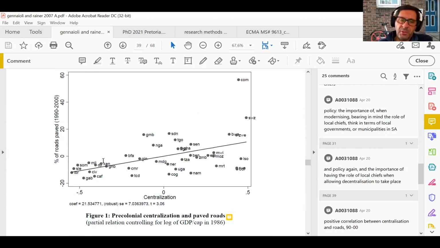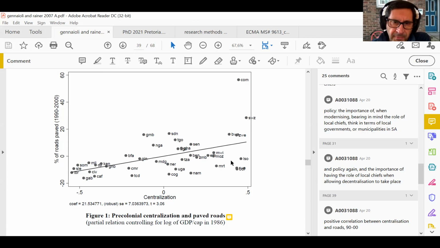Some plots between centralization and the percentage of roads paved between 1990 and 2000, and that's African countries, right? And we see the positive correlation between pre-colonial political centralization and percentage of roads paved.